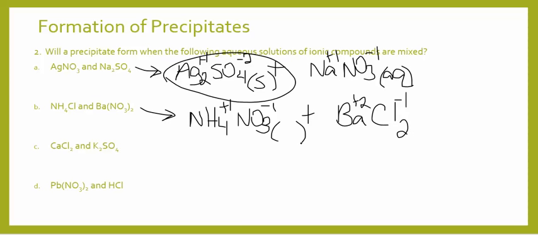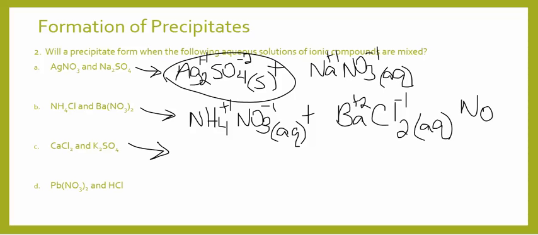Go back to the chart. Anything with NO3 is aqueous. Chloride salts are soluble. There are some exceptions, but barium is not one of the exceptions, so BaCl2, according to your chart, is also aqueous. So will a precipitate form? In this case, no. No solid is formed.